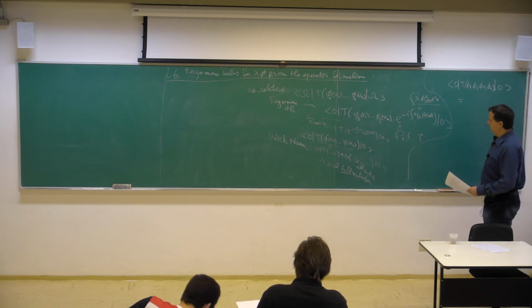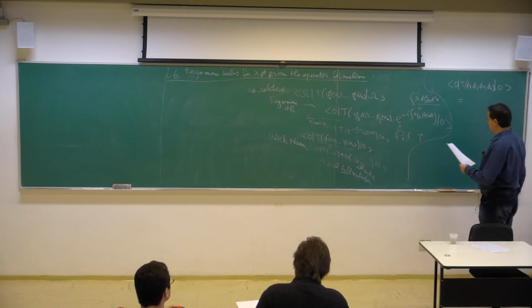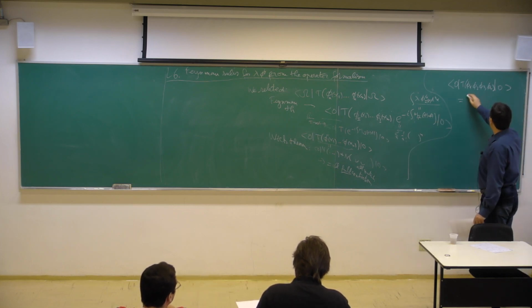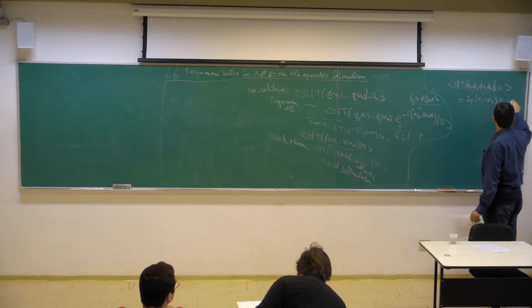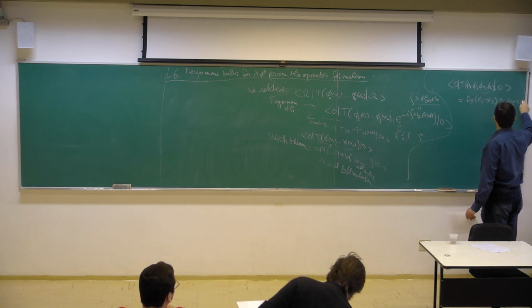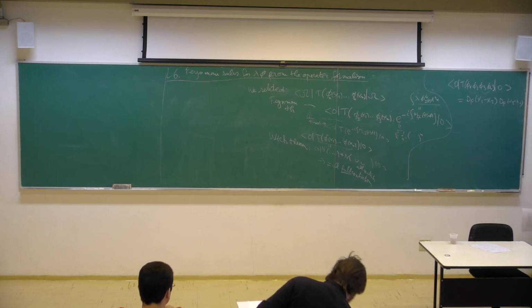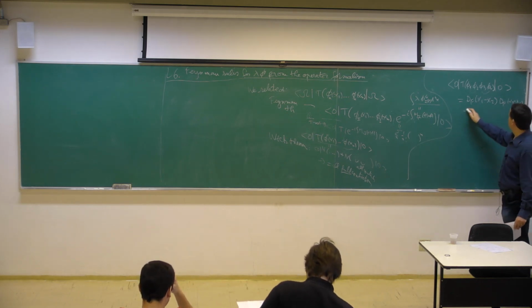And then we're left with just the full contractions, of which there are 3 terms. First we have this contraction, which is Feynman propagator x1 minus x2, x3 minus x4.